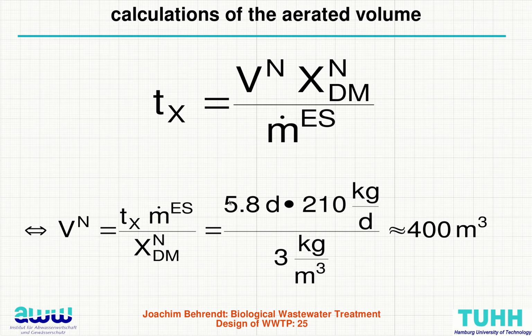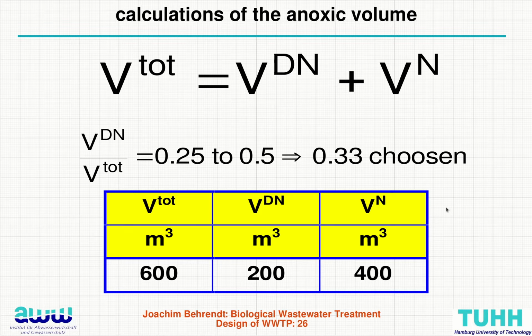So finally we are calculating 5.8 days sludge retention time. We have this sludge production rate of 210 kilograms per day, and we can operate the reactor with 3 kilograms per cubic meter. This is resulting in 400 cubic meters.